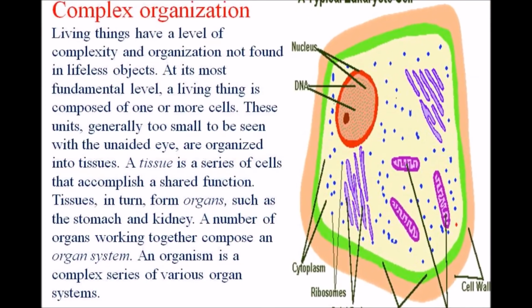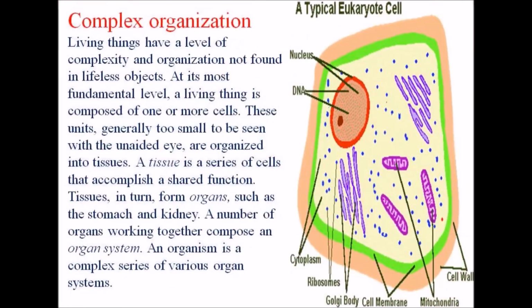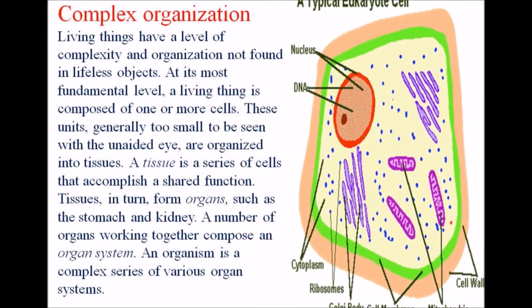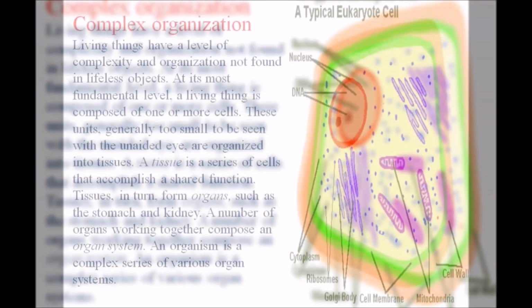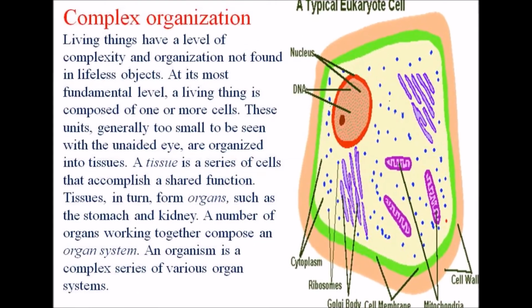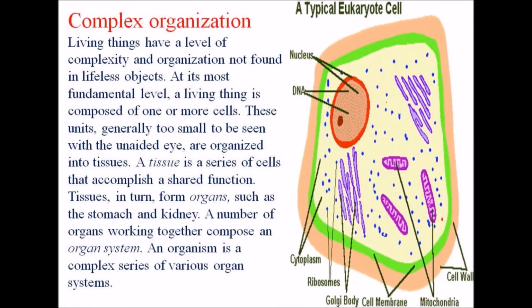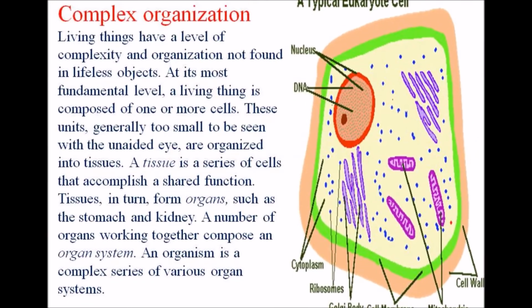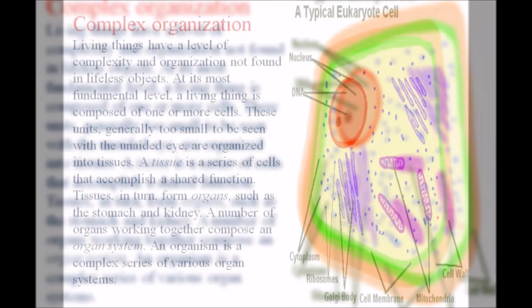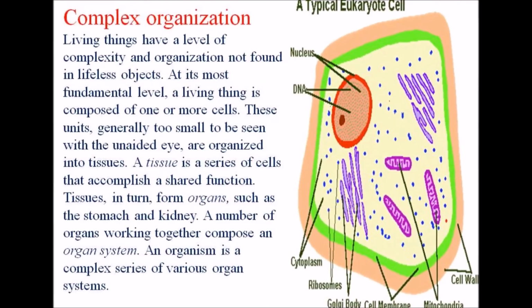A tissue is a series of cells that accomplish a shared function. Tissues in turn form organs such as the stomach and kidney. A number of organs working together compose an organ system. An organism is a complex series of various organ systems.